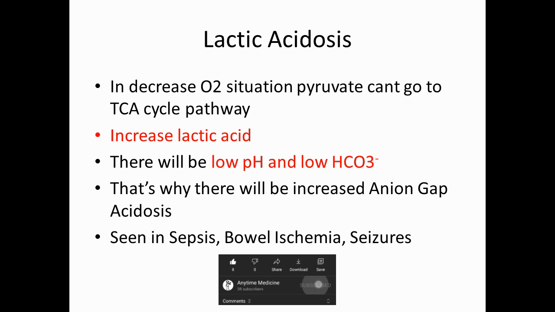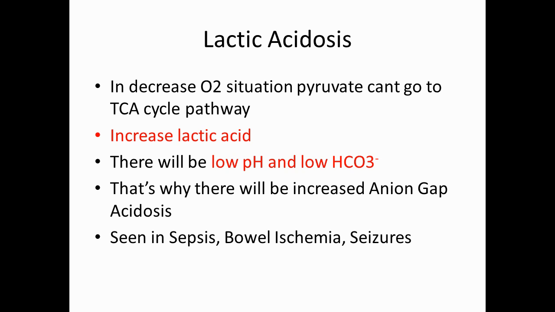If there is a high level of lactic acid in the blood, we will end up in lactic acidosis. In a decreased O2 situation, pyruvate cannot go to the TCA cycle pathway, so it will go to the lactic acid pathway for making NAD+. So there will be a high level of lactic acid in the blood and it will end up in lactic acidosis. There will be low pH and low bicarbonate too, because there is a high level of lactic acid, and that's why there will be increased anion gap acidosis.